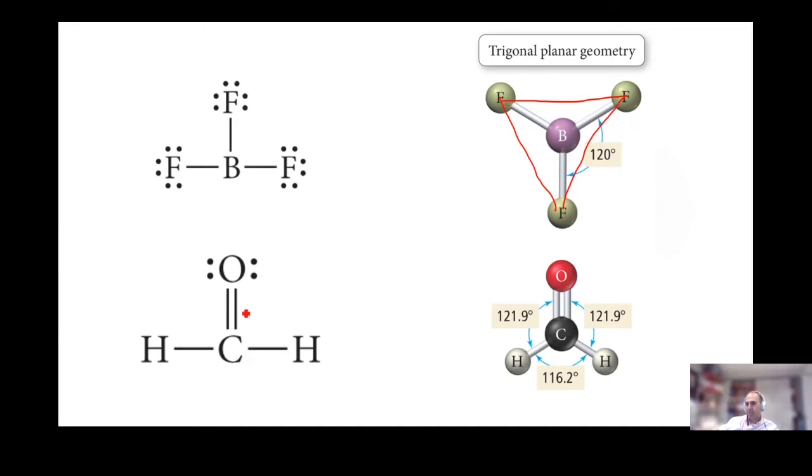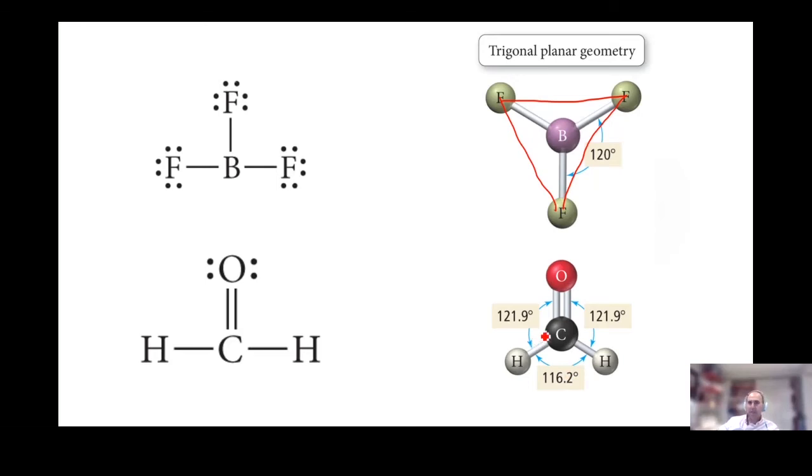That means this bond is going to push away the 2 hydrogens more than these two will push away each other, so the H's are going to get squeezed away from the double bond. And that's what we see in the actual bond angles here, where the OCH bond angle is about 122, but the HCH is 116.